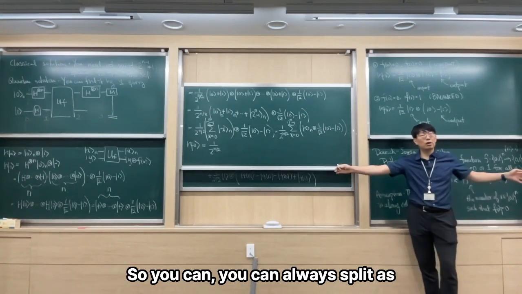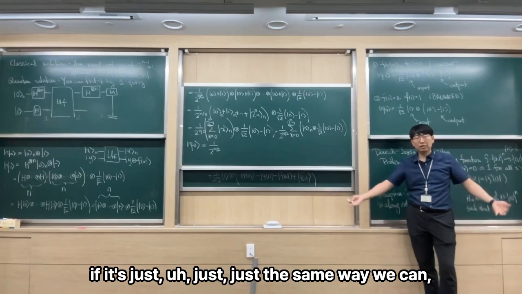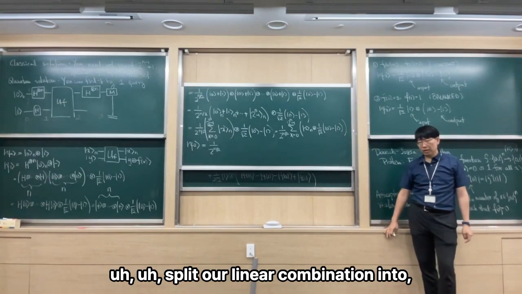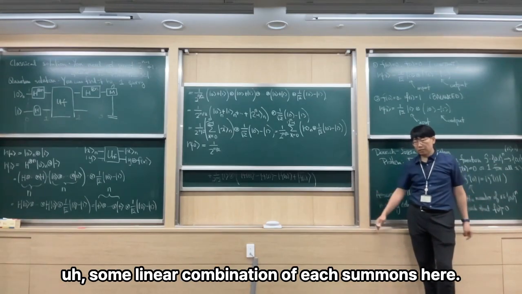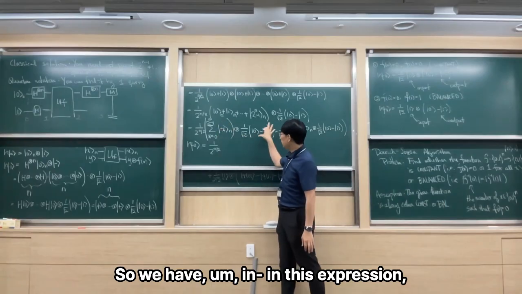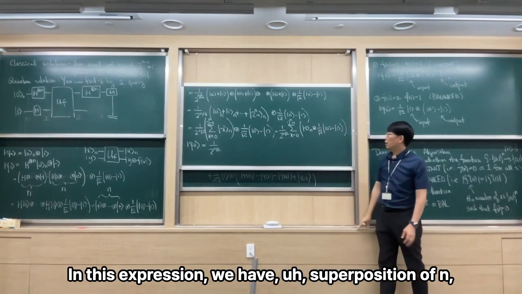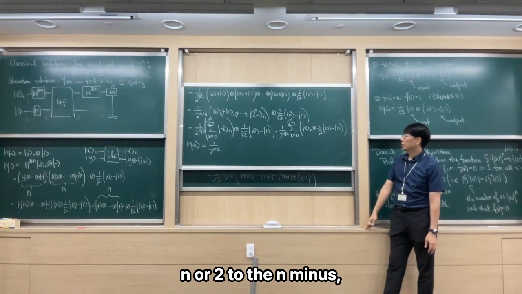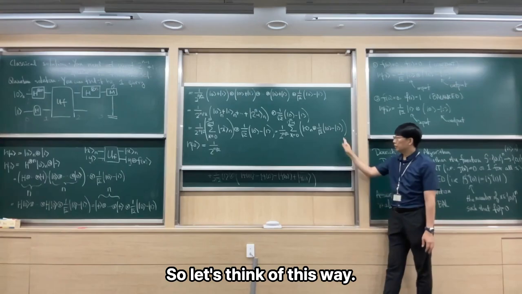So you can always split it, the same way we can split our linear combination into a linear combination of each summand here. So in this expression we have one tensor product. In this expression we have a superposition of 2 to the n tensor products, right? So let's think of it this way.